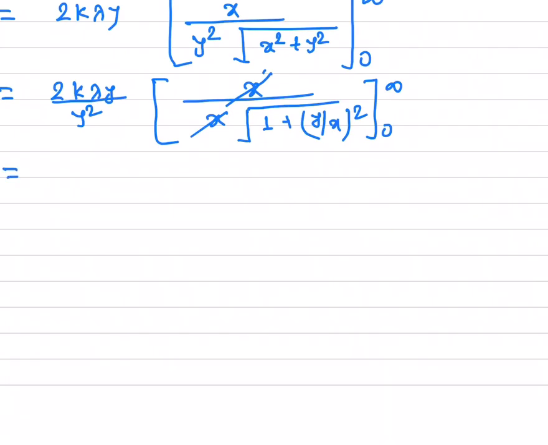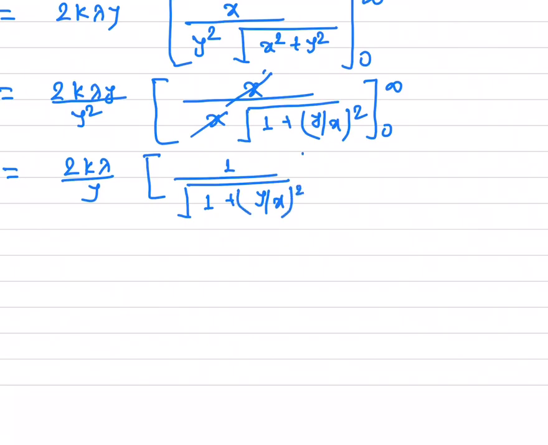This x and this x cancel out, so you have 2k lambda over y, since one y cancels out here. Okay, so what I'm left with is 1 over the square root of 1 plus y over x squared, from 0 to infinity.